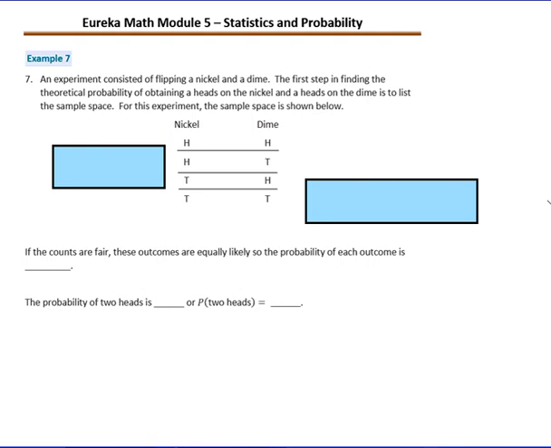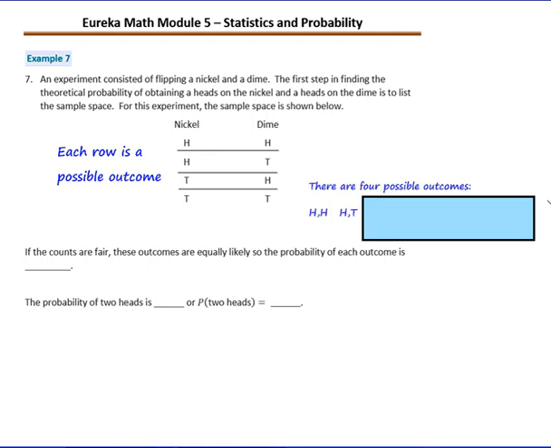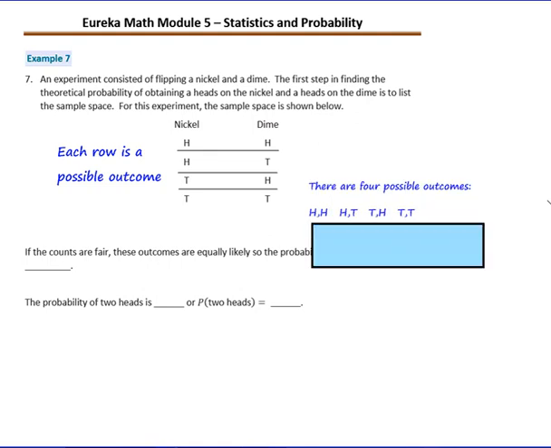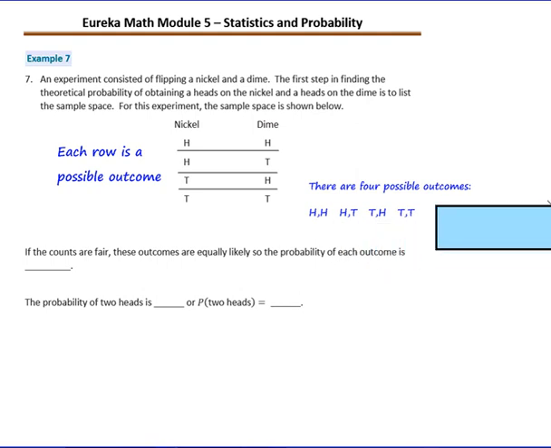So there are 4 different possible outcomes for this experiment. Each row is a possible outcome. They are heads, heads, heads, tails, tails, heads, and tails, tails.